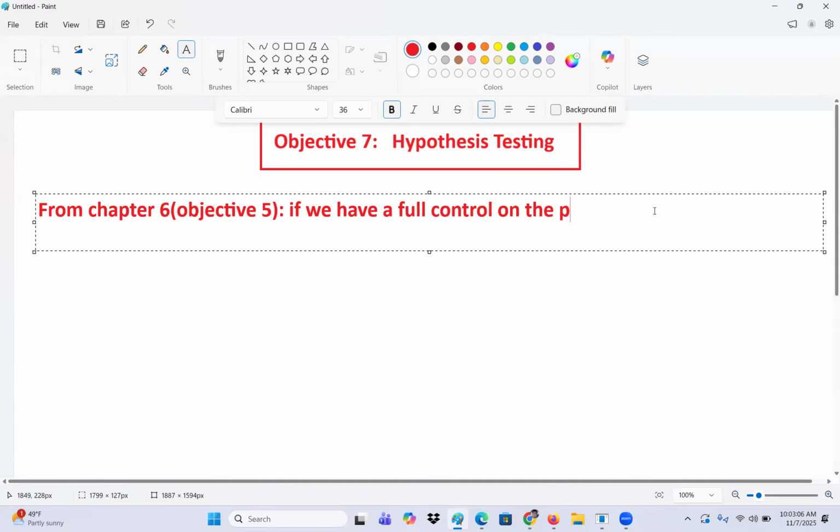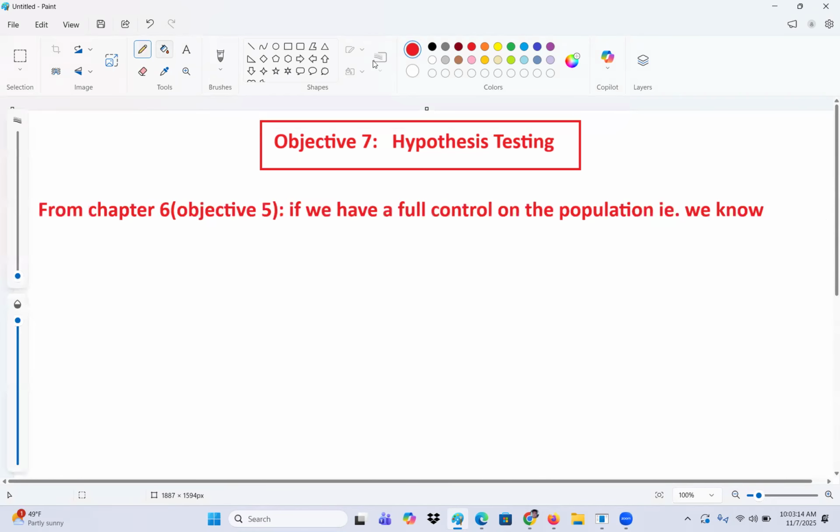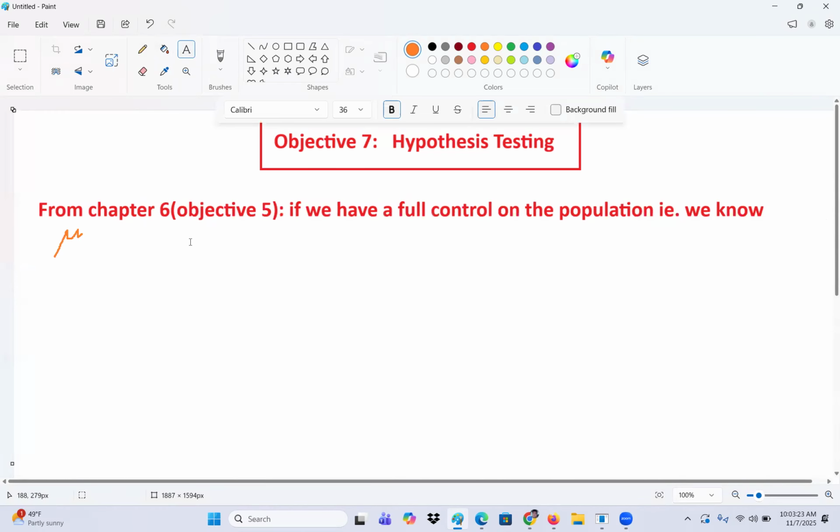On a population, let's say we know the mean and the standard deviation.